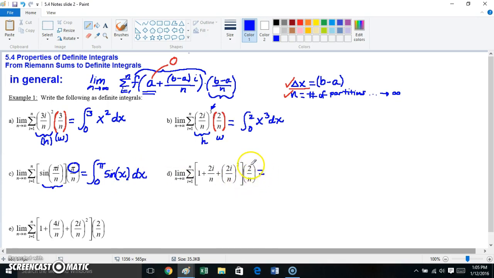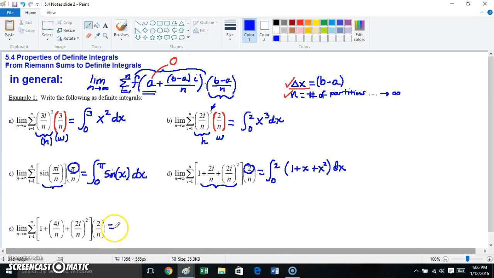In example D, again, we have a change in x of 2. So our limits of integration go from 0 to 2. Our function looks to be a quadratic function of the form 1 plus x squared dx.